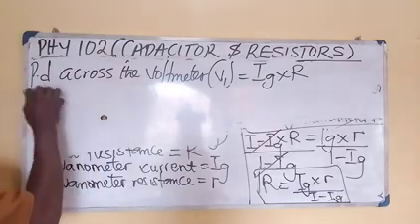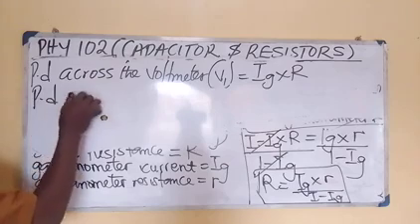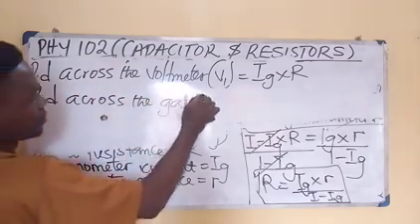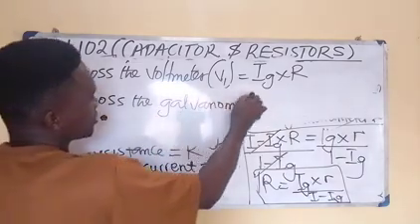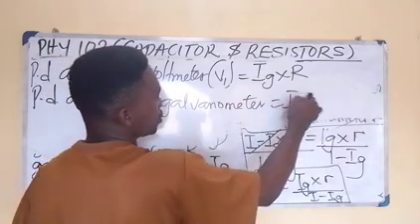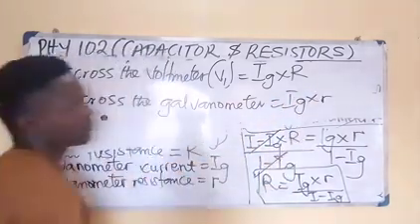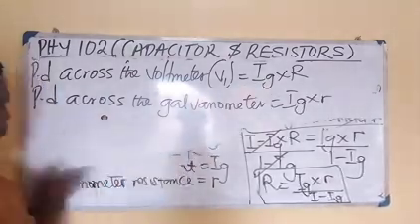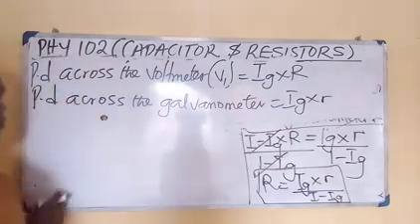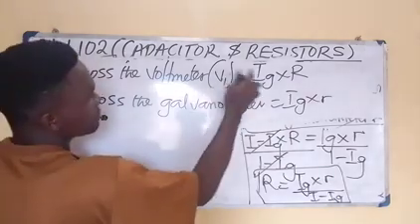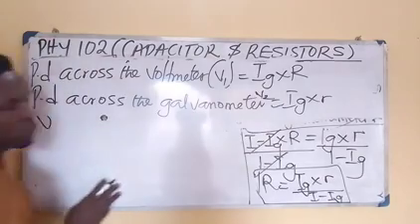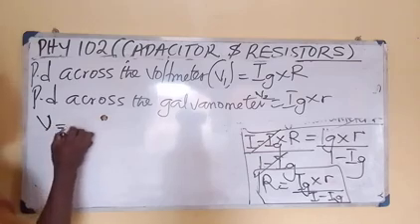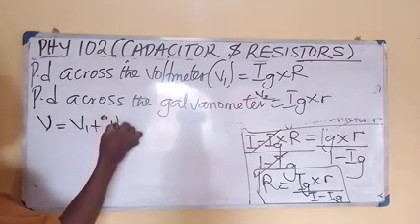Then the PD across the galvanometer is equal to Ig times Rg. So we are going to equate this and this. Before we do the equation, this one is V1 and this one becomes V2, right? So V equals V1 plus V2.